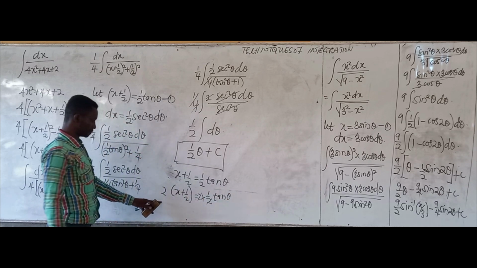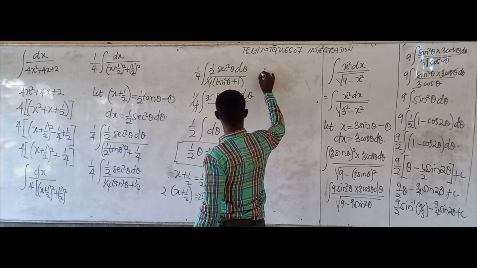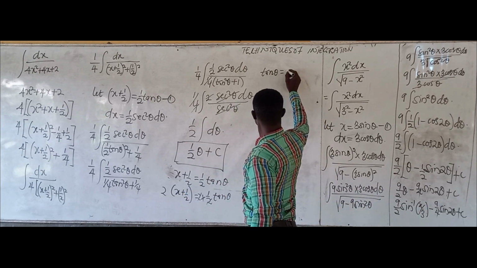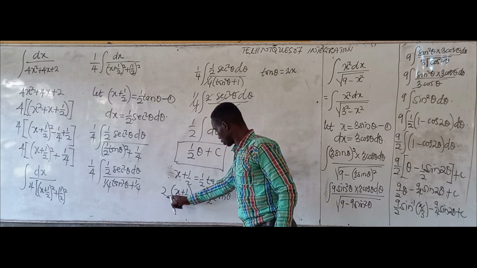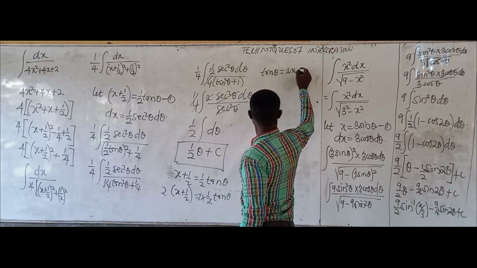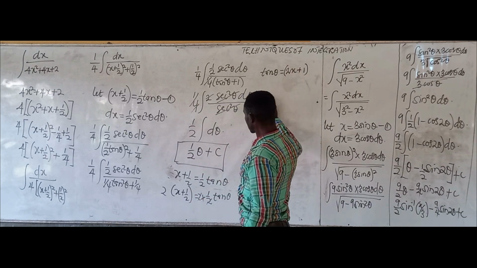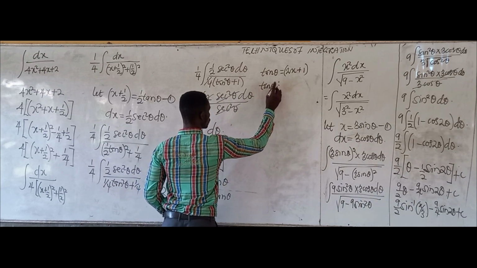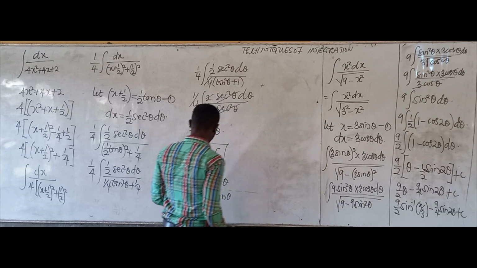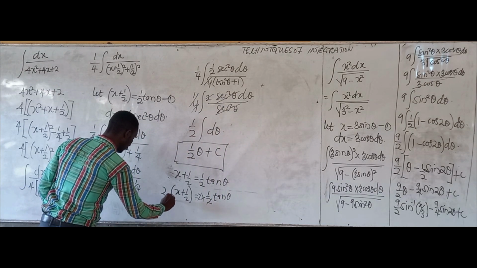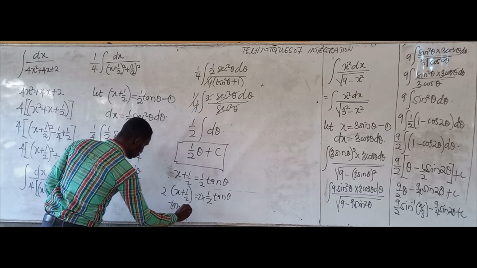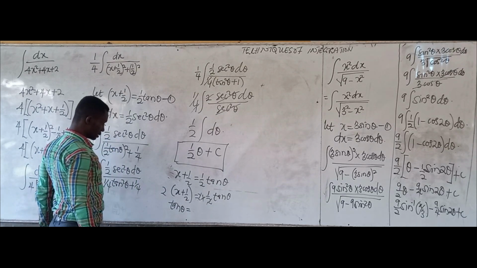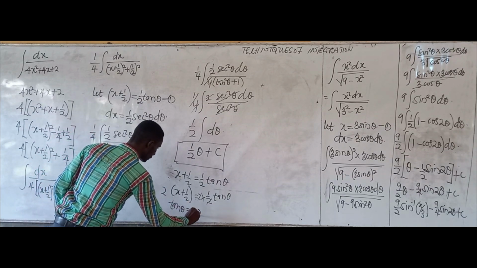This one will take off this, so that we get tan theta is equal to 2 times x, which gives us 2x. 2 times half will give us 1. So we get tan theta is equal to 2x plus 1.